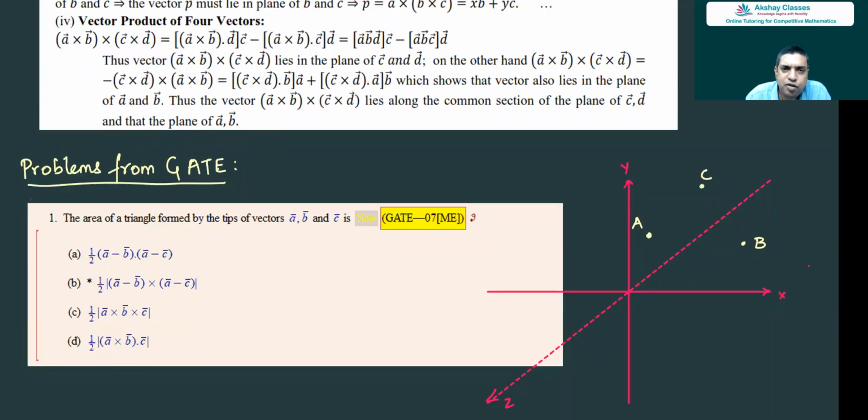The three points will always be coplanar, that is true, but the vectors are not necessarily.